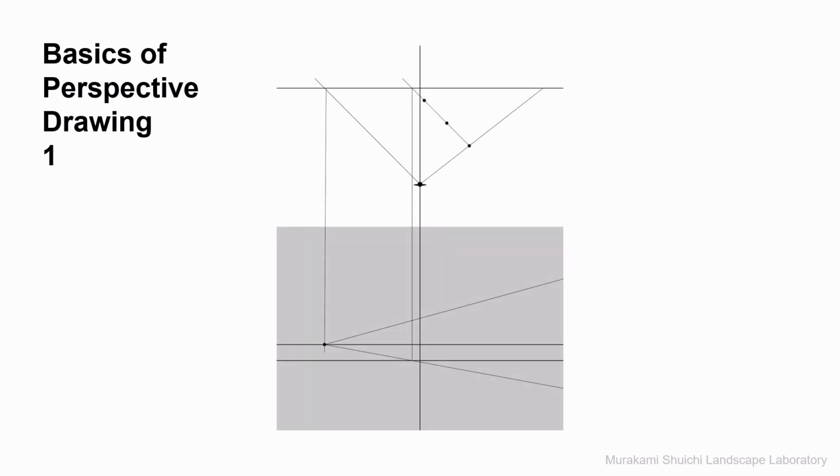Project the position of each column from the viewpoint onto the projection line. Then drop the vertical down to the perspective line to set the column's position and height. In this way, the perspective of 3 columns can be drawn.